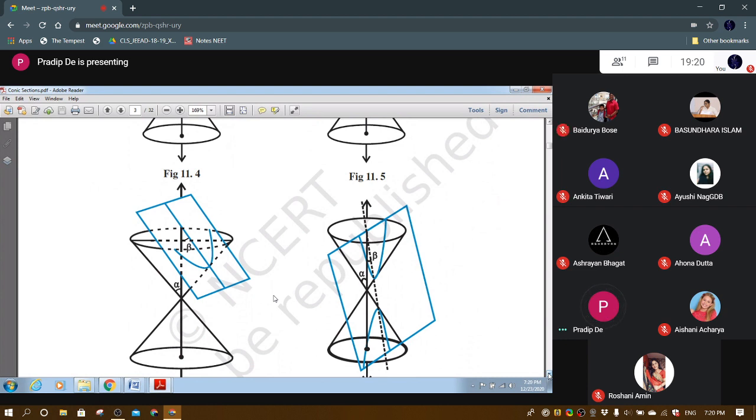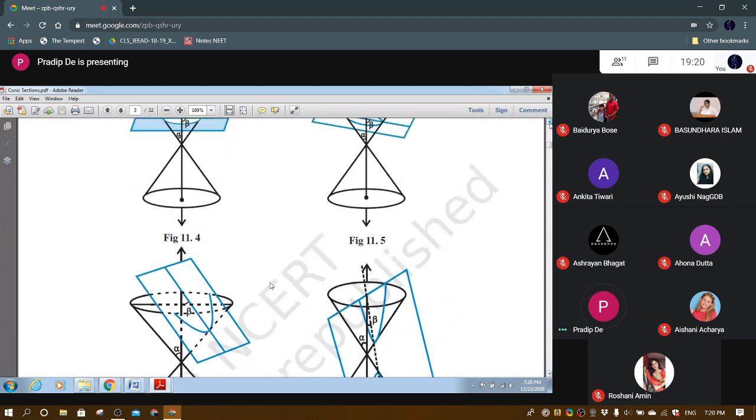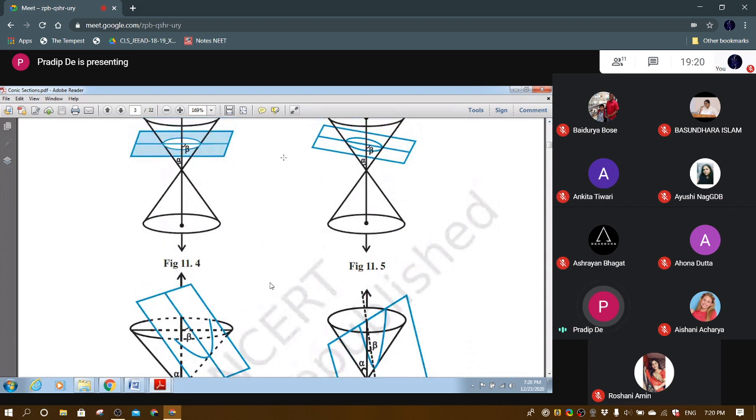Okay. Now tell me what happens if the plane passes through the vertex in all the four cases. Imagine the plane is always passing through the vertex. Is it a straight line?